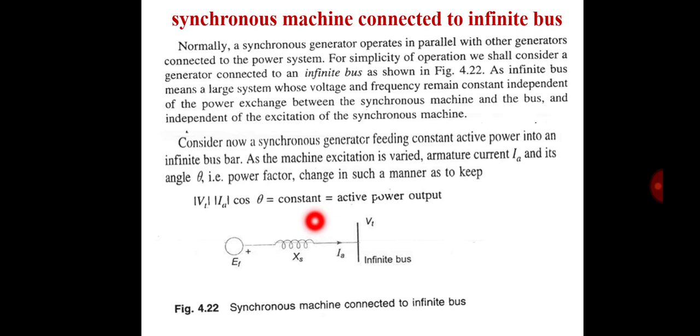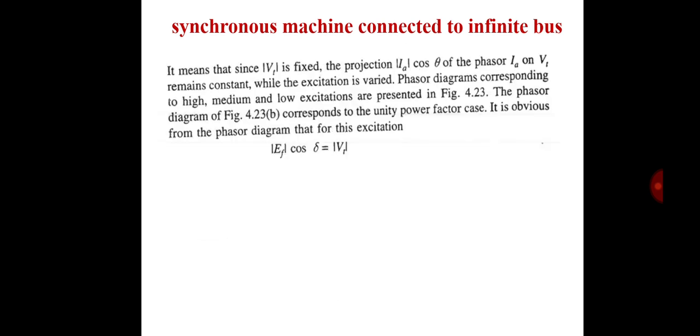Active power is Vt, the terminal voltage, into armature current Ia into cos theta, equal to a constant. Since Vt is fixed, the projection Ia cos theta of the phasor Ia on Vt remains constant while the excitation is varied.